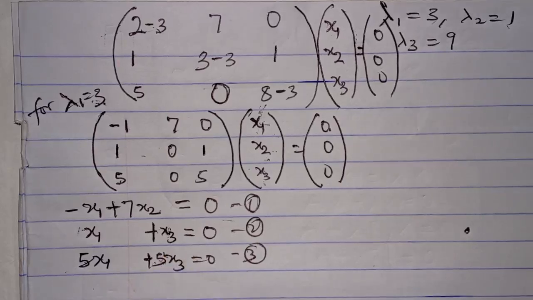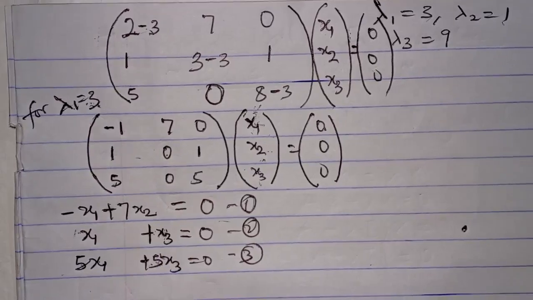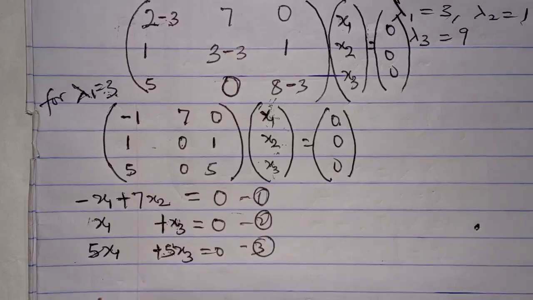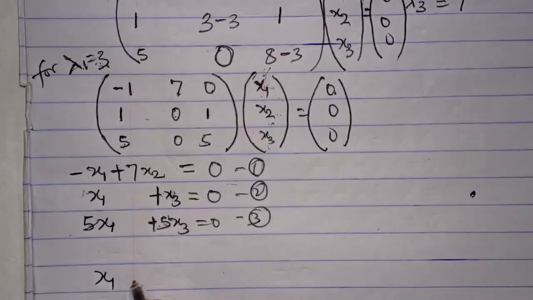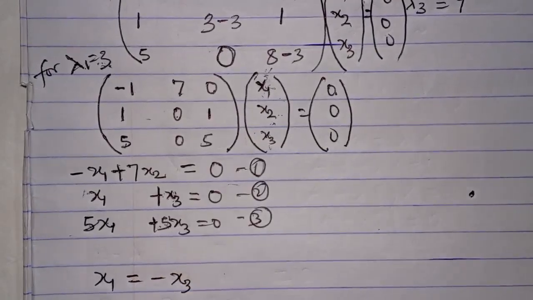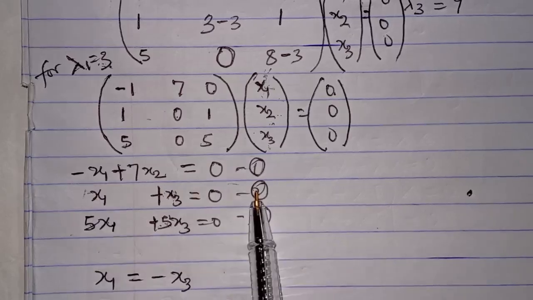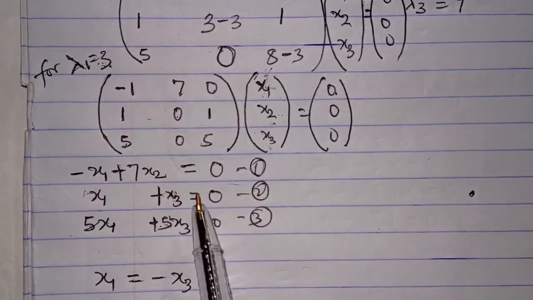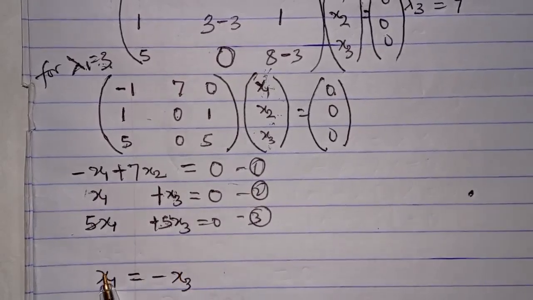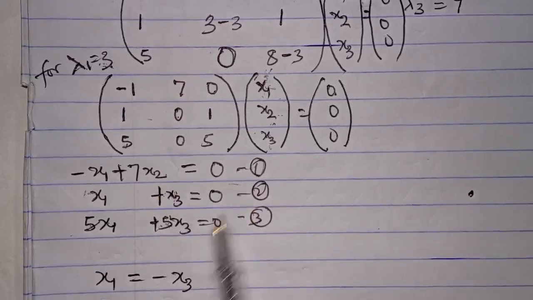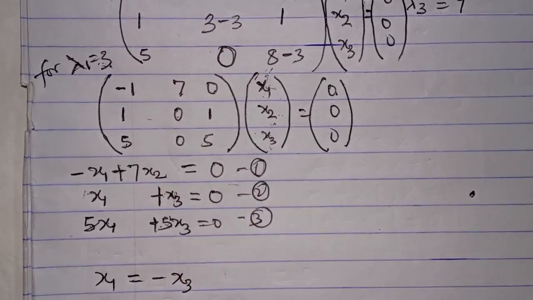So what I'm going to do now is, from any of equation 2 or 3, I can say x1 equal to negative x3. Right? I'm working with this equation 2 now. Of course, if I reduce this equation 3, I will get this. So let me just use this one to work. x1 equal to negative x3.